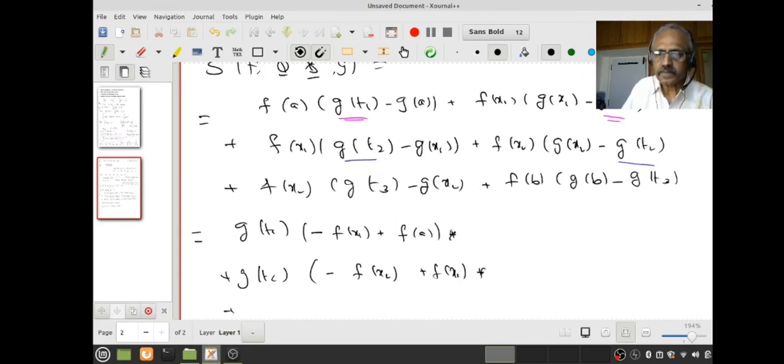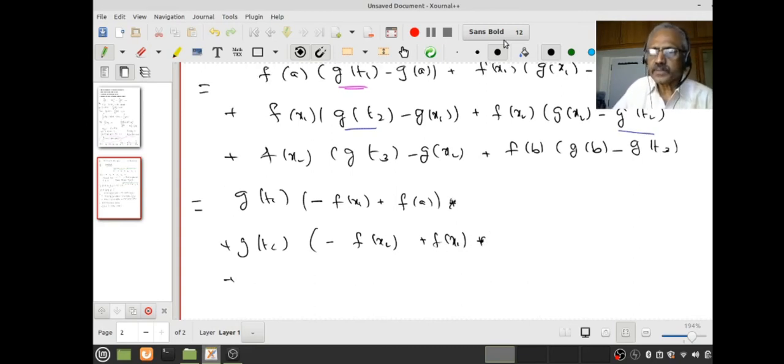So you follow that. Now we want the last one. So g of t3 and g of t3. So what does that come as? G of t3 comes as g of t3 times minus f of b plus f of x2.